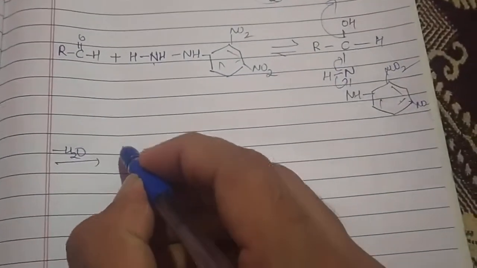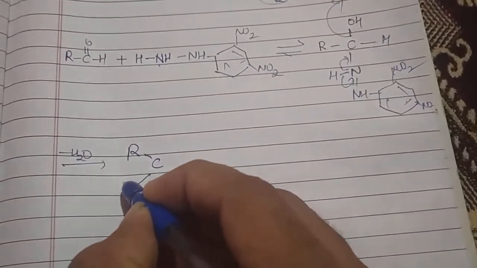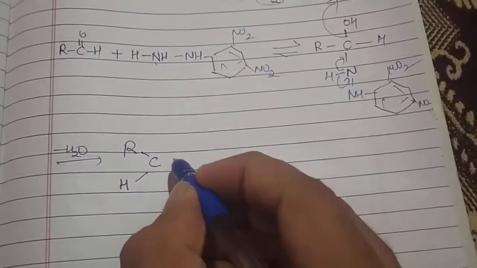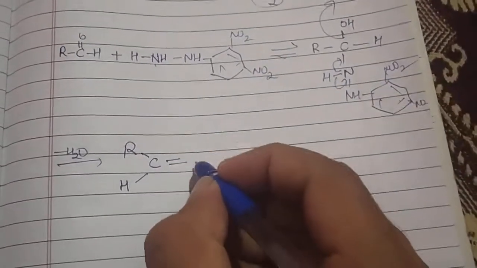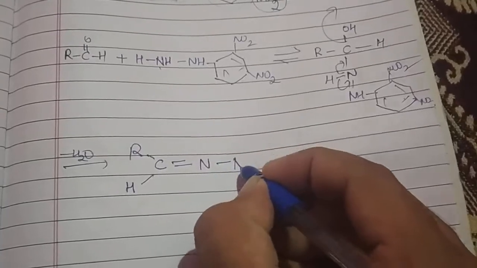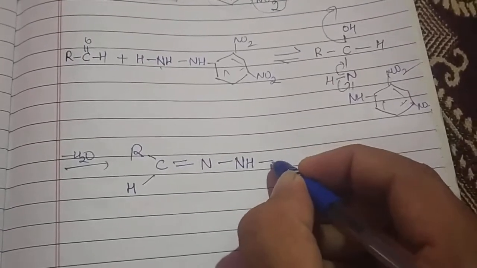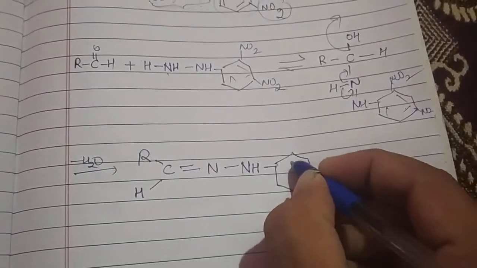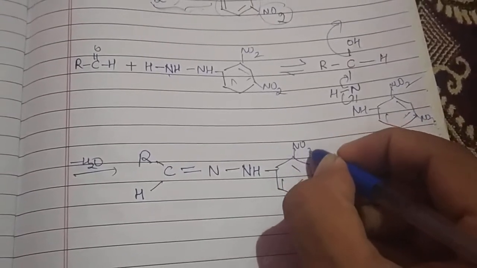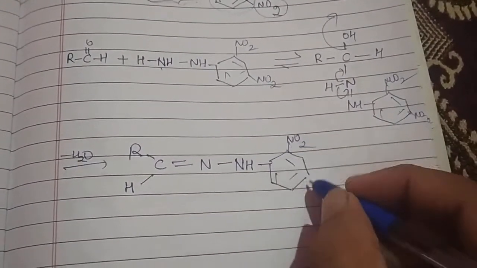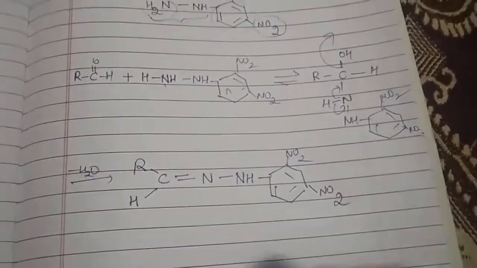So the final product is RCH double bond N, NH, then the phenyl with 2, 4 NO2. Are you able to see?